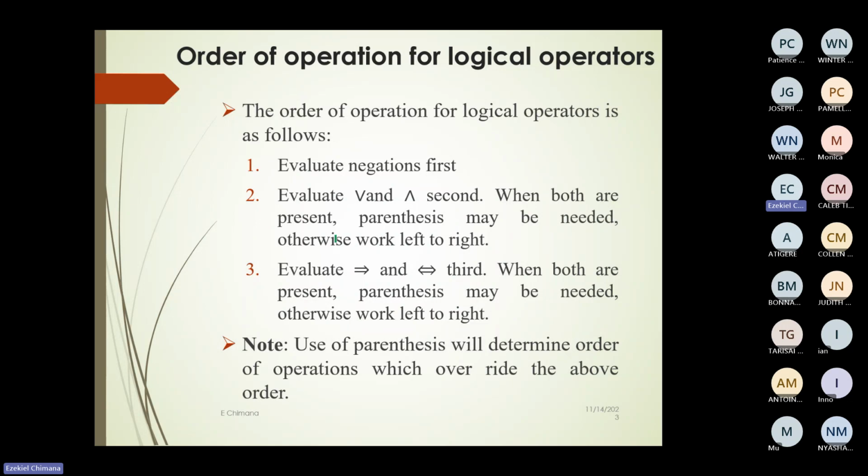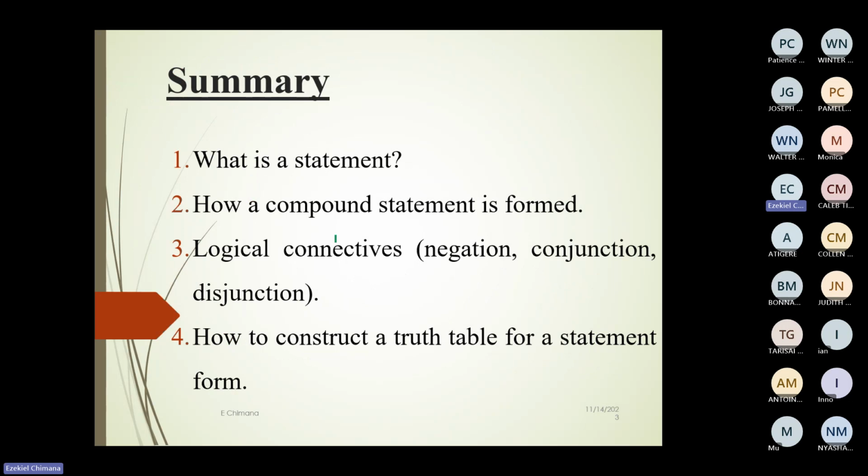When both are present, parentheses may be needed as well. Otherwise, work from left to right. Note that the use of parentheses will determine the order of operations and overrides the above order. In other words, whenever there are parentheses, you need to start with those in parentheses.